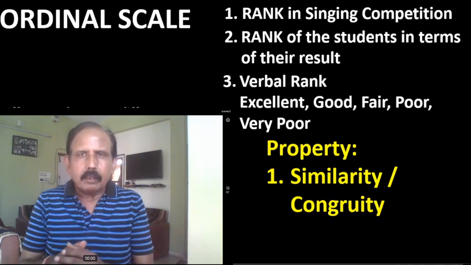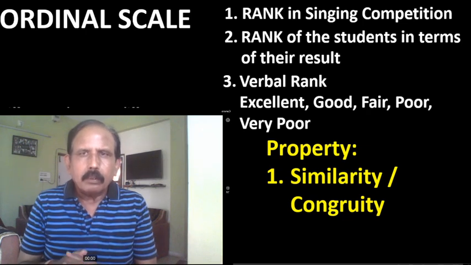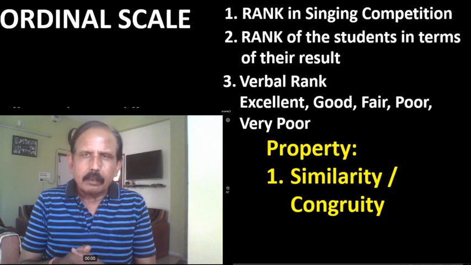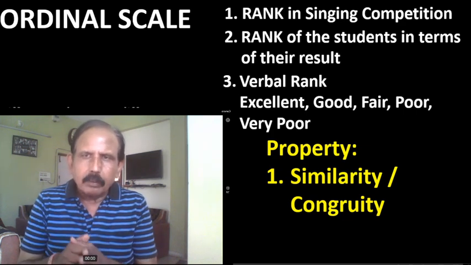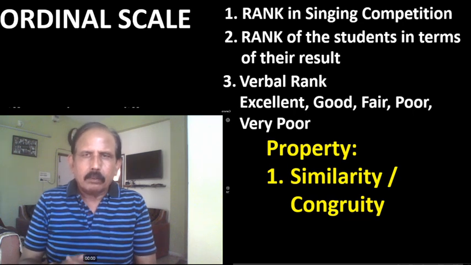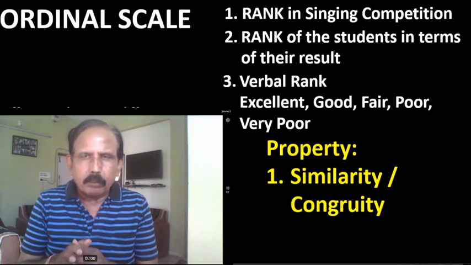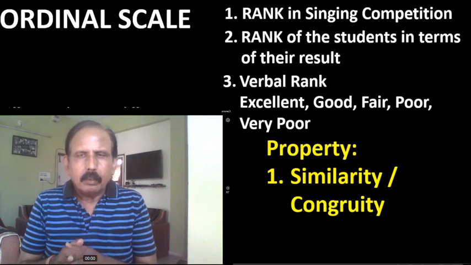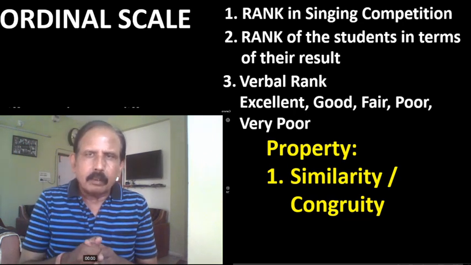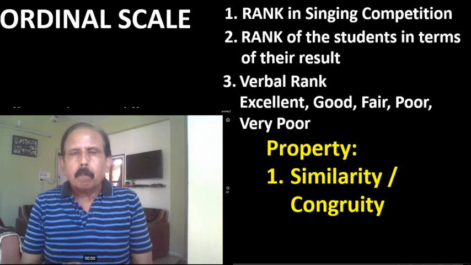The difference among them is due to the intensity of the characteristics, but the characteristic is the same in all the subjects. So this property of similarity is there, and this property is there in the nominal scale also.